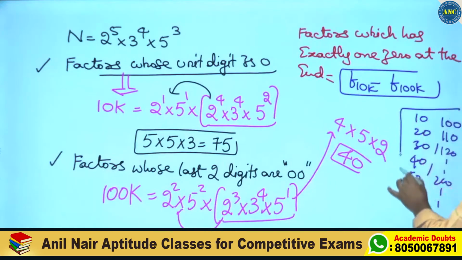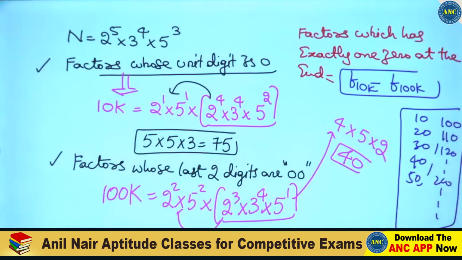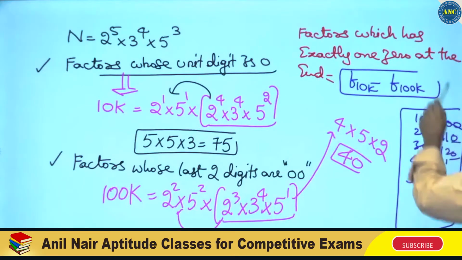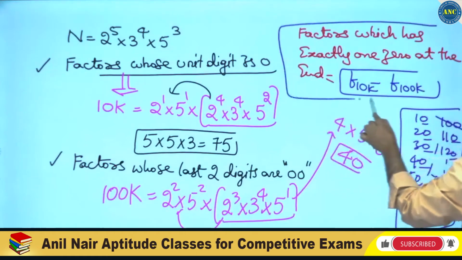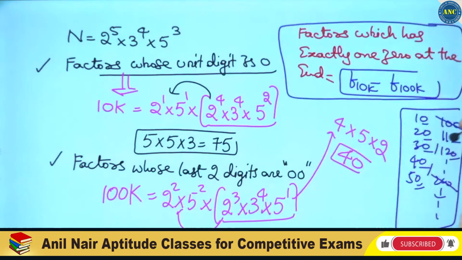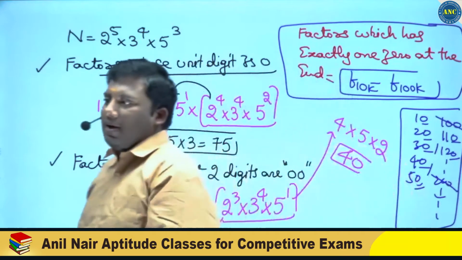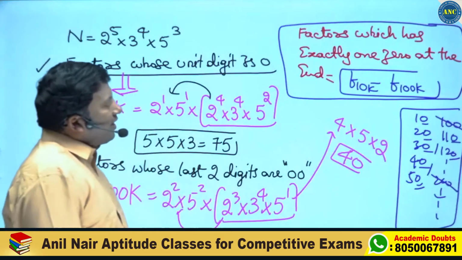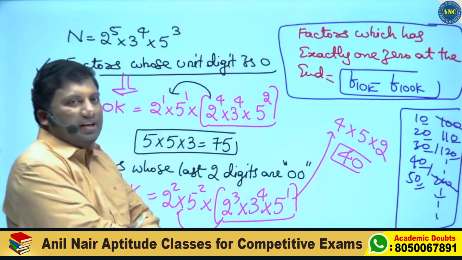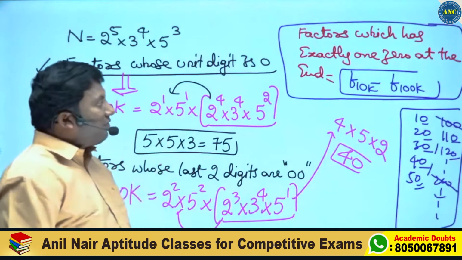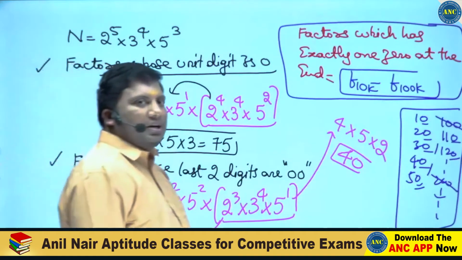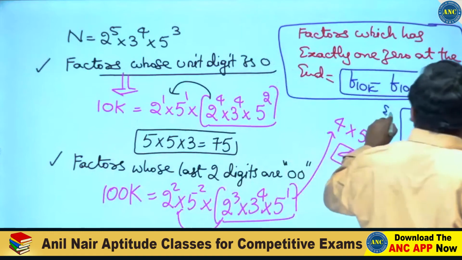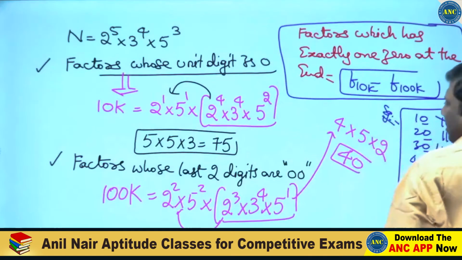If I delete the factors which are multiples of 100, all of them have exactly one 0 at the end. So factors which have exactly one 0 at the end is factors which are multiples of 10 minus factors which are multiples of 100. I hope this example will give a very good understanding of this concept.